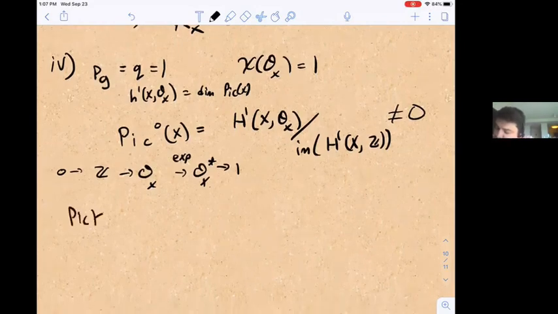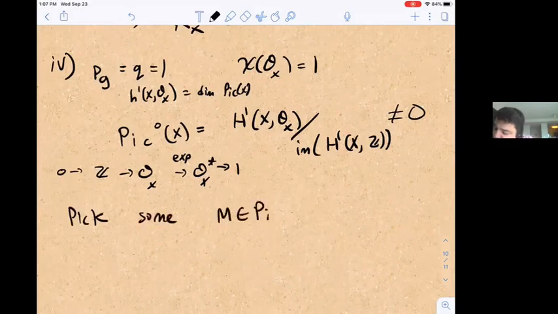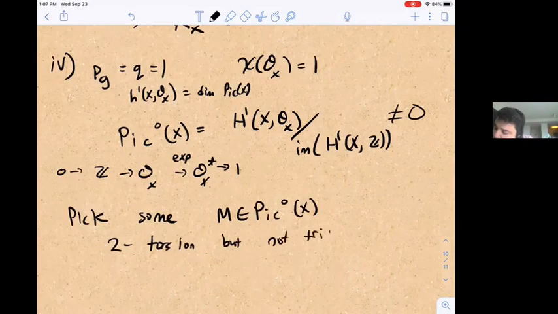So just pick some M in Pic 0 that's 2-torsion but not trivial. So basically pick some point in H1 X OX, so that 2 times that point is in the image of H1 X Z, but the point itself is not in H1 X Z.